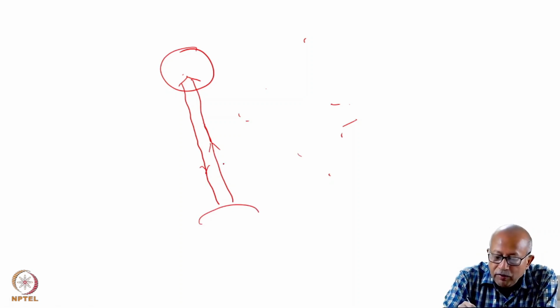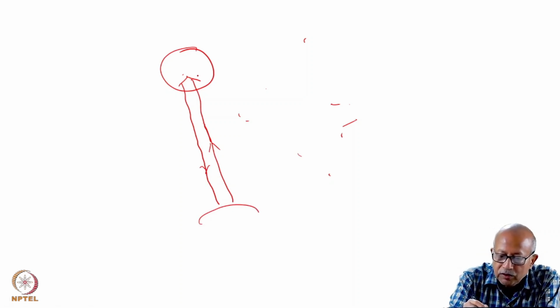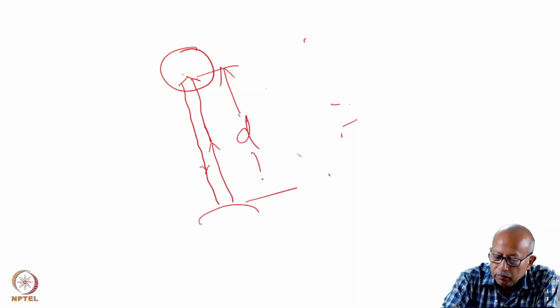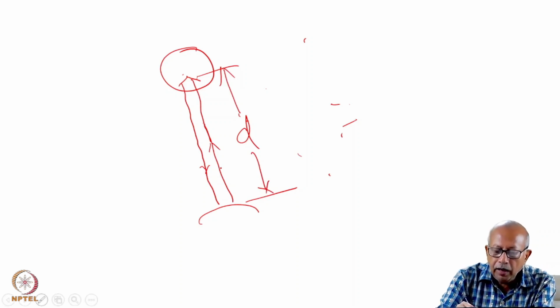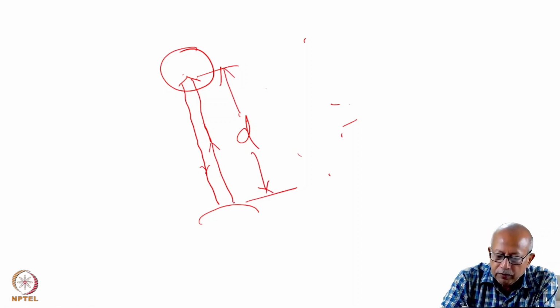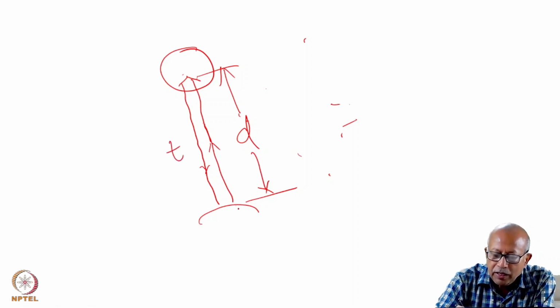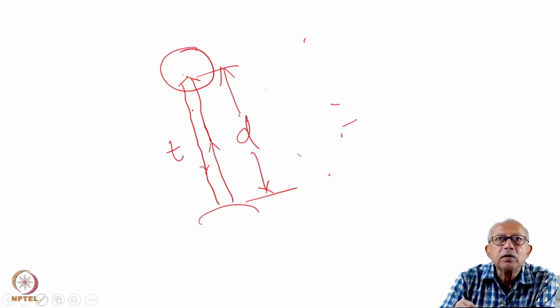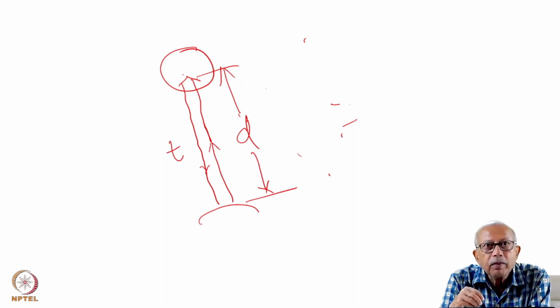So from the travel time, if this distance is d, then the light actually traveled the time for the to and fro journey. If it were t, then in this time the light traveled twice the distance between Earth and Moon.